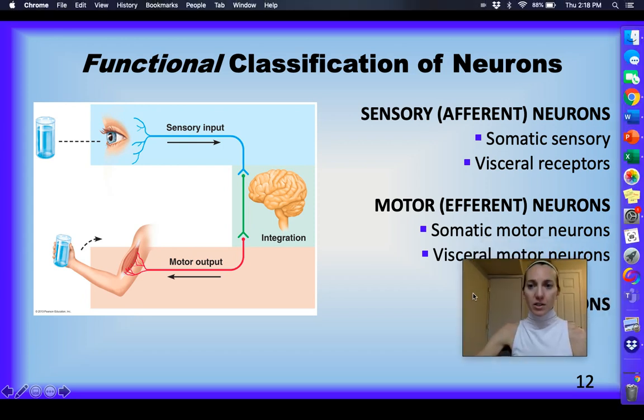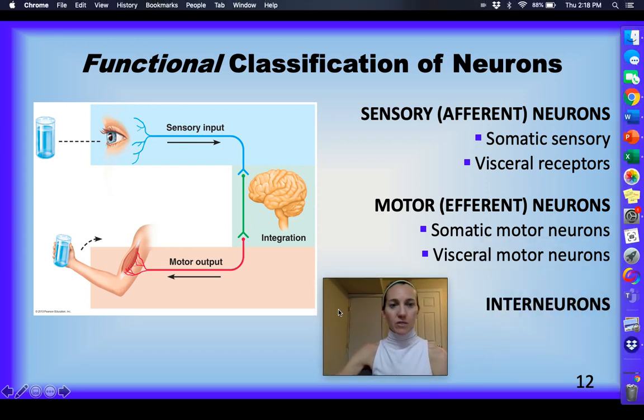With the functional classifications of these neurons, very similar to what we saw before, I'm even using the same graphic, but here I'm only classifying the cells themselves. So you've got neurons that are dedicated to the sensory input. So somatic sensory cells carrying information from the body, and then the visceral receptors carrying information about the gut and the GI tract.